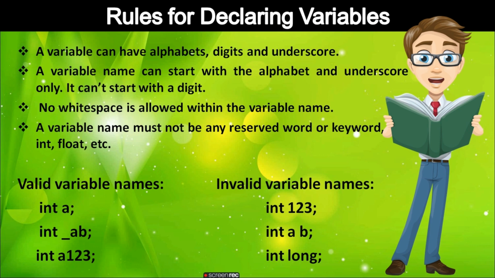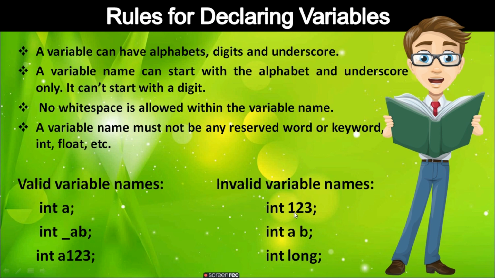int a is a valid variable name. int _ab; this is also valid because the first character is an underscore. It is permissible. int a123: the first character is an alphabet, and thereafter I am using digits, so it is also valid. Coming to invalid variable names, int 123 is invalid because the first character must be an alphabet or underscore.